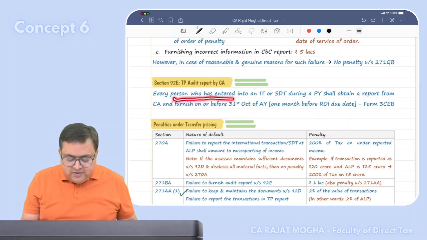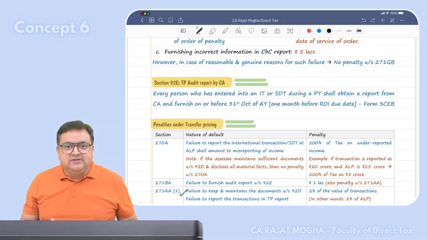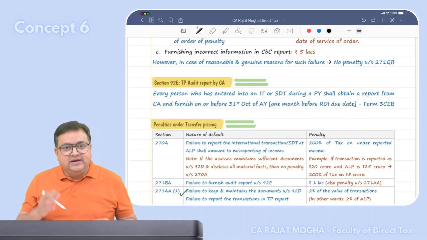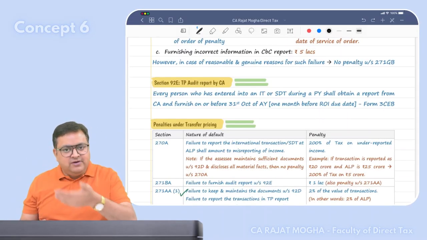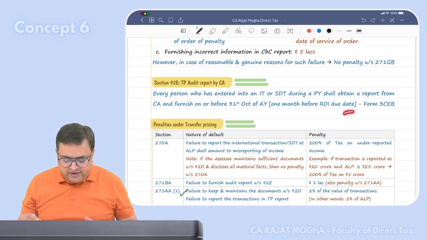So every person who has entered into either an international transaction or a specified domestic transaction shall obtain a report from a chartered accountant and furnish it on or before 31st October, that is 1 month before the due date of ROI. Same way as the audit report, we furnish the TP report 1 month before the due date of ROI.